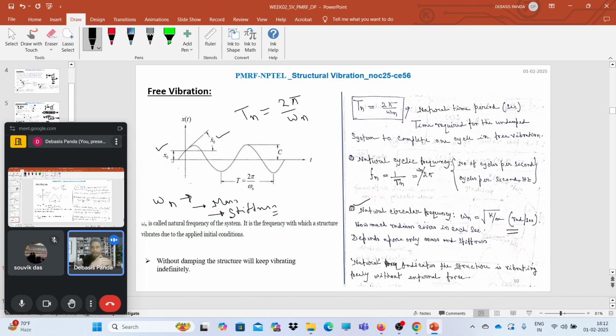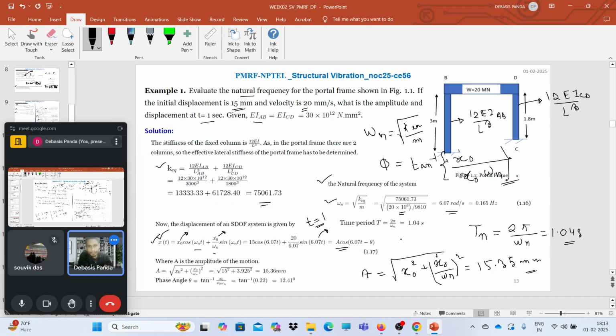Somehow damping will be present, and the amplitude of the vibration will diminish over time.